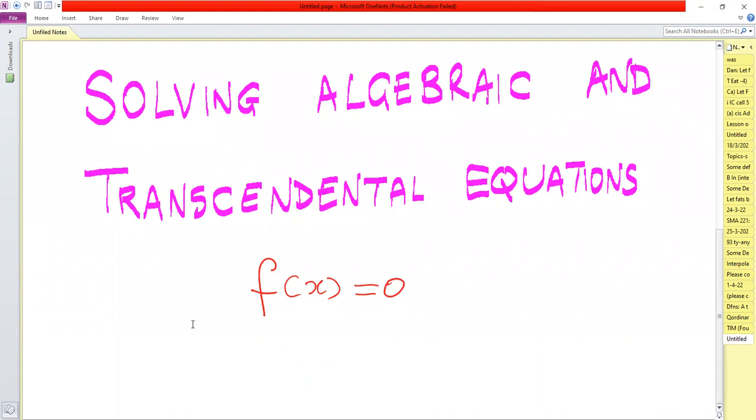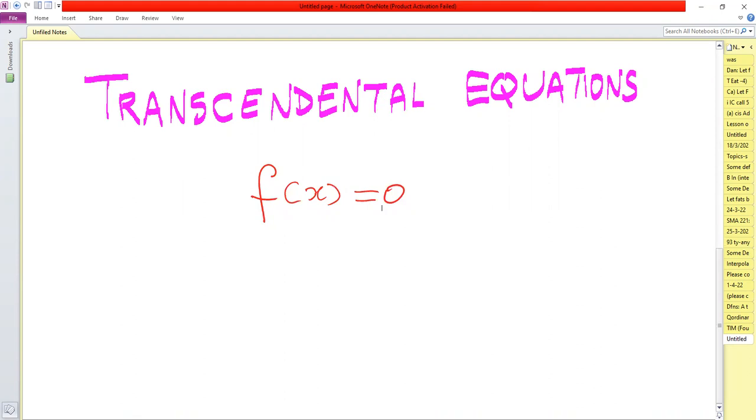Now, an algebraic function f of x is a function that is made up of either a polynomial or a division of polynomials, while a transcendental function is a function that has trigonometric parts, exponential parts, or logarithmic parts.